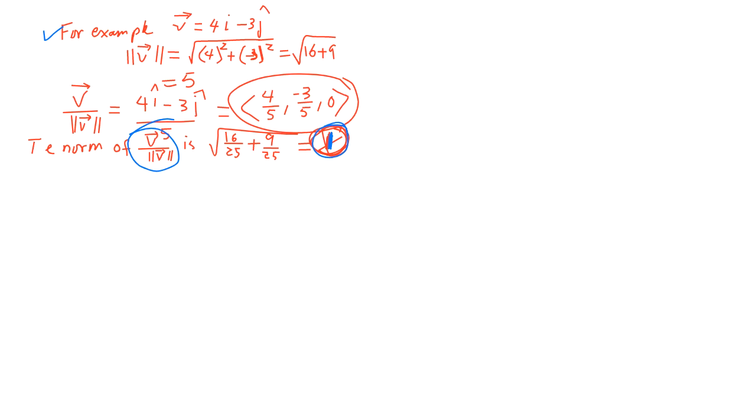Also, the direction of a vector V is also a unit vector. So how can we conclude something about that? V over norm V is a unit vector. The direction of V is a unit vector. So what does this imply? It implies that the direction of a vector V is V itself divided by its norm.